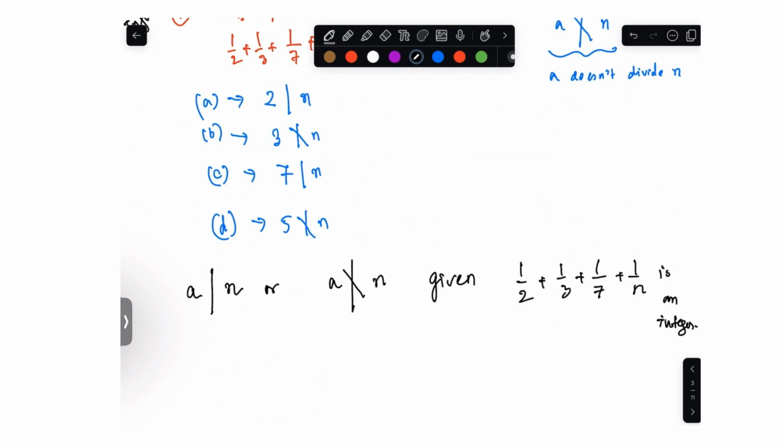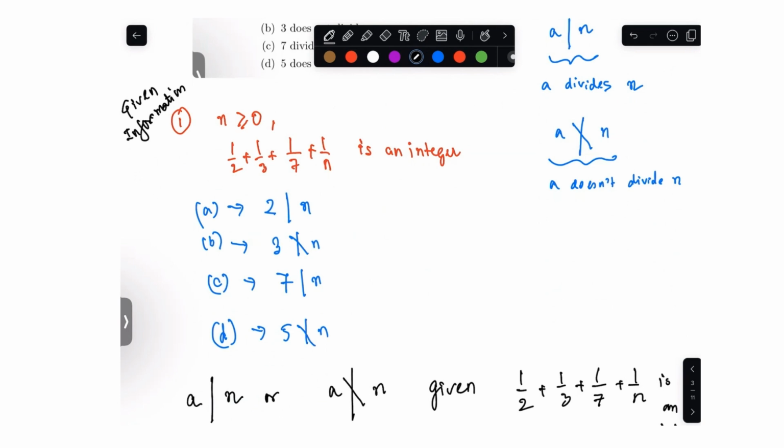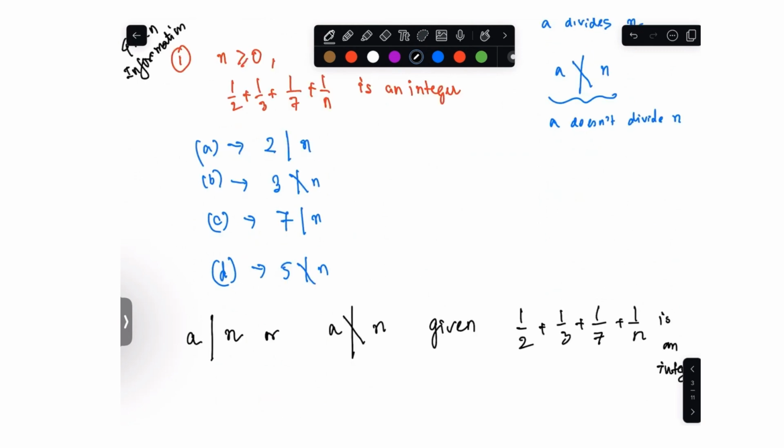In general, 2, 3, 7, 5 have no relationship with n, right? n can be anything. But here the information is that this expression is an integer. That means for all values of n, it will not be an integer; for certain values of n, it will be an integer. That is the core of the problem.